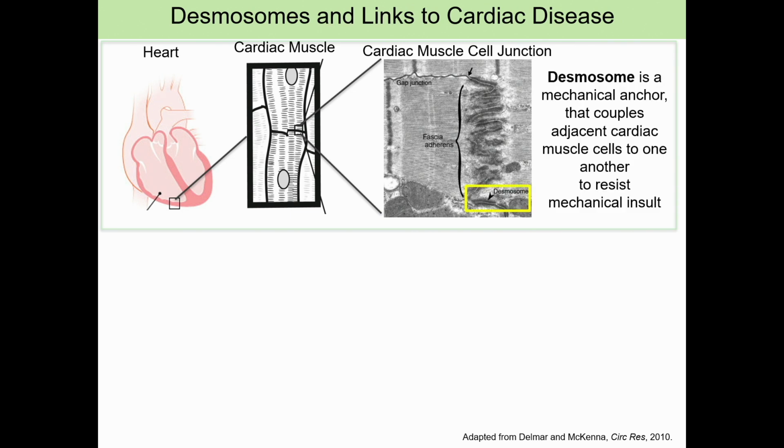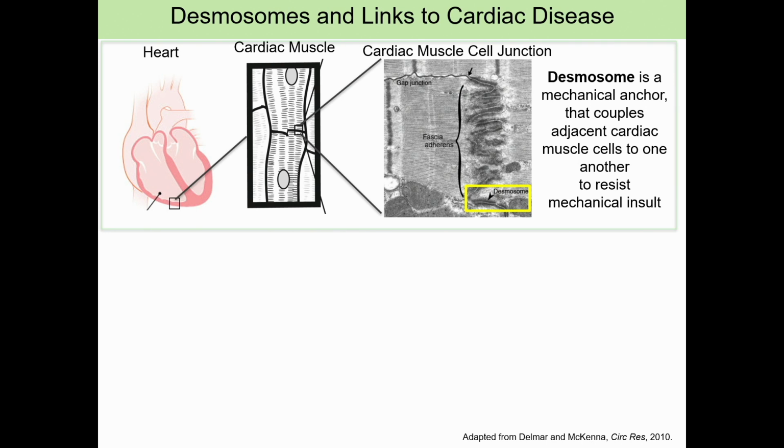Desmosomes, shown in this yellow box, are the mechanical anchors that couple adjacent cardiac muscle cells to one another, and they really resist high mechanical insult. You can see that they're coupled alongside gap junctions, which are important for synchronization of contraction, as well as the fascia adherens junction, which are coupled to the actin-myosin complex.